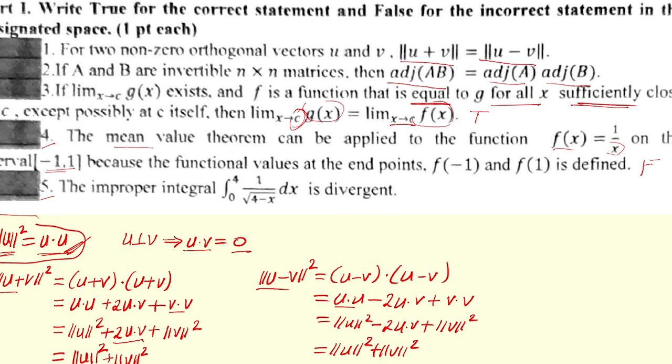Question number 5. The improper integral from 0 to 4 of 1 over square root of 4 minus x dx. You are asked to evaluate the integral from 0 up to 4 of 1 over square root of 4 minus x dx. Obviously, the integrand is unbounded at 4.